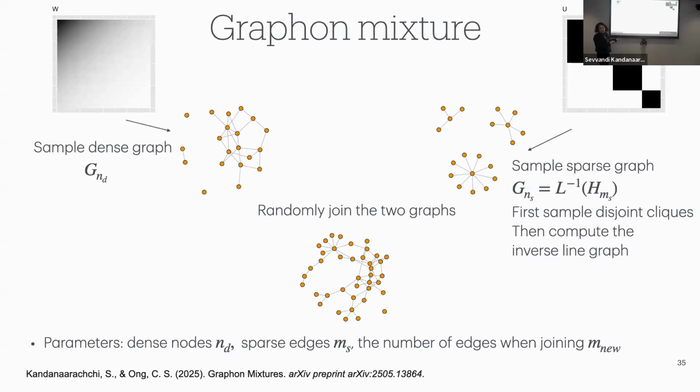And then you randomly join them, in the sense that we give a budget, a number of edges, to join, and you join any node here randomly with a node there, with a limit on the edges that you can add, right? So the parameters are the number of dense nodes and the number of sparse edges, ms, because this is a dense Graphon. It's only when you compute the inverse line graph that you're going to get the sparse part. And then you join them.